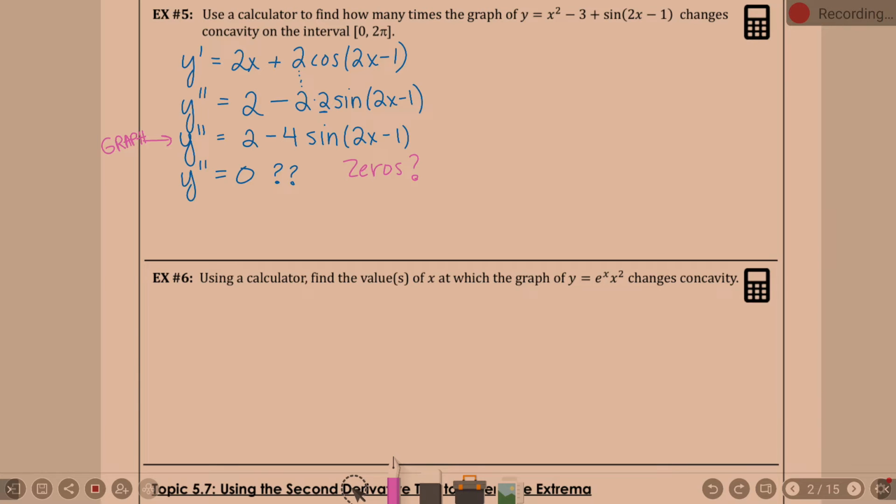So 2 minus 4 sine of 2x minus 1, right? For trig functions, I like to use Z7 instead of Z6, which is just a trig. Instead of counting 1 through 10, it counts by pi over 2s.